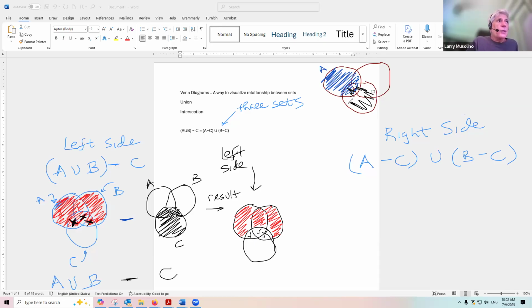So really I want to keep the blue shading in set A, but delete where the black overlap happens. That means I want to delete this section and this section. So A subtract C is going to look like this.